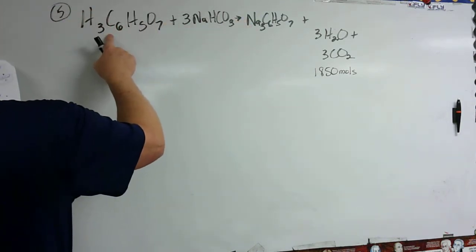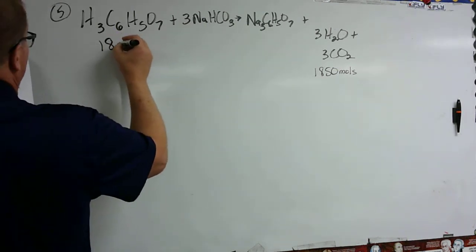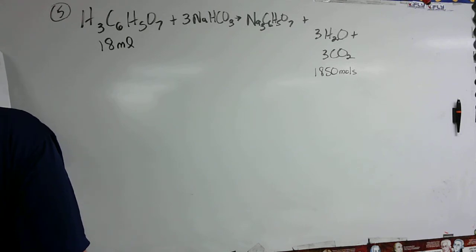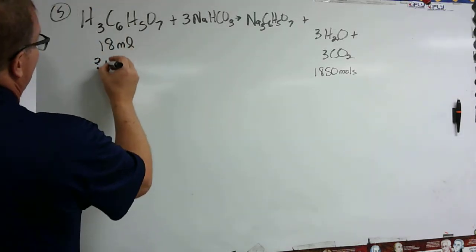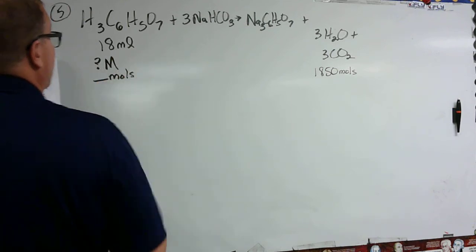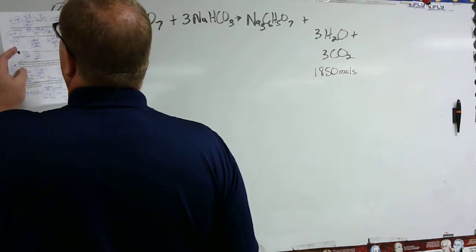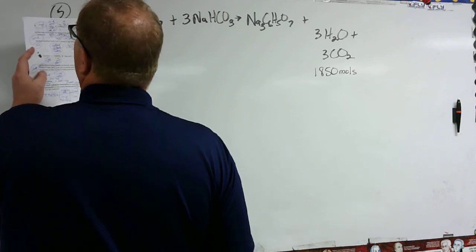This is citric acid because it starts with an H. And I'm going to go 18 milliliters of citric acid. And what molarity is it? So we know we have to figure out the number of moles here, because that's what we usually have to do.